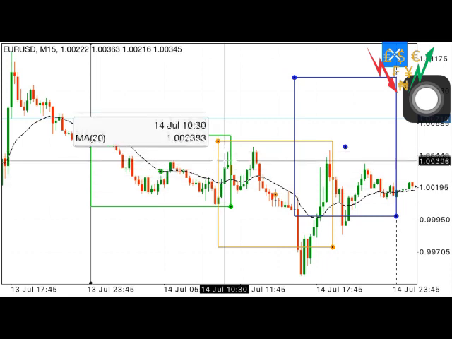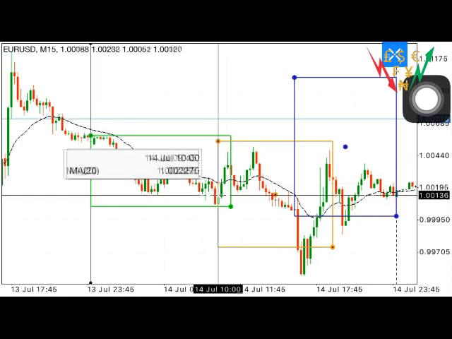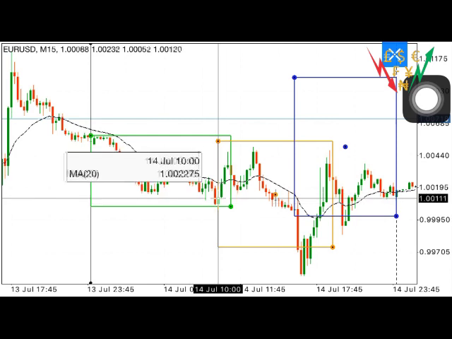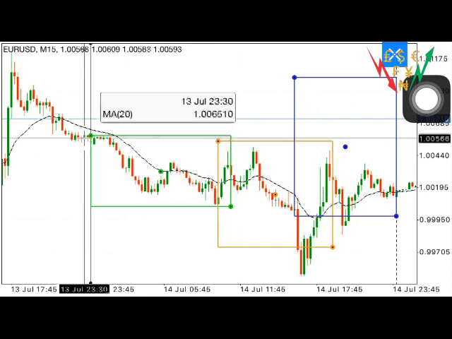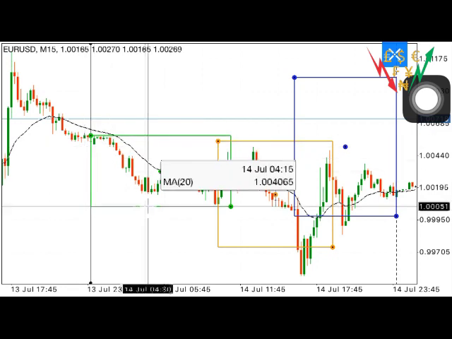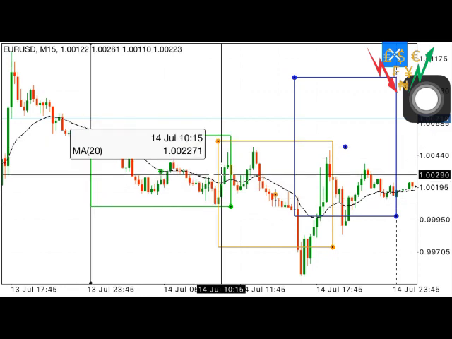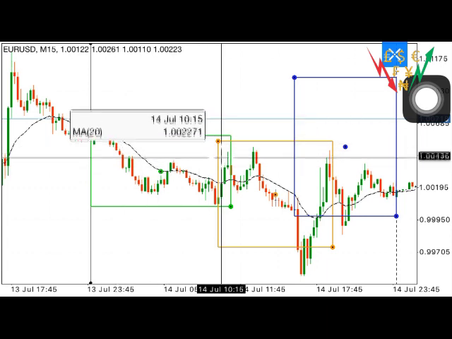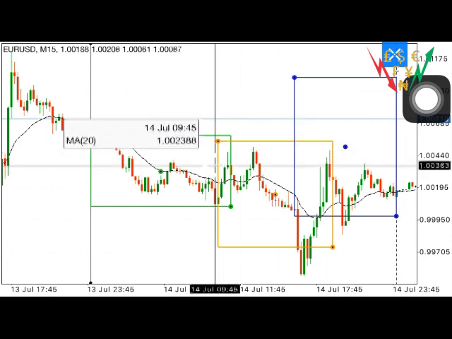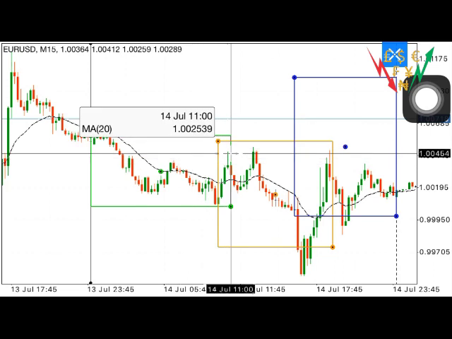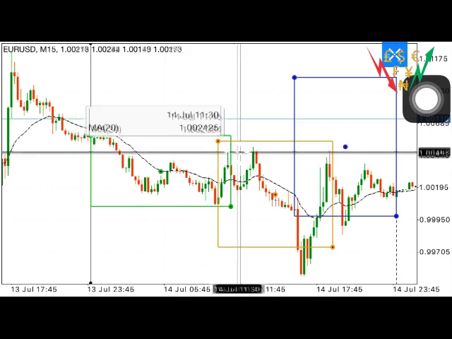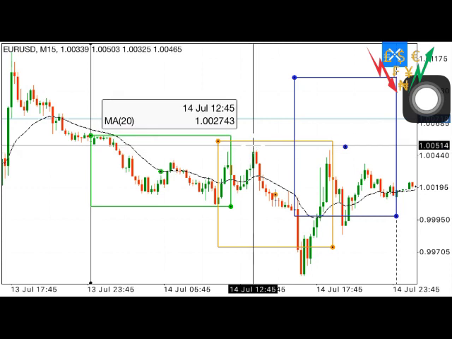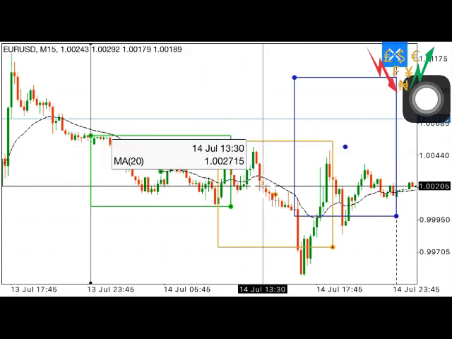Now, because we want to look at scalping opportunities and intraday trading, we want to pick the session highs and the session lows, right? So this is the highest point on Thursday, the 14th. And then before the Tokyo session ended, this was the lowest point before we had this London session, which started here.